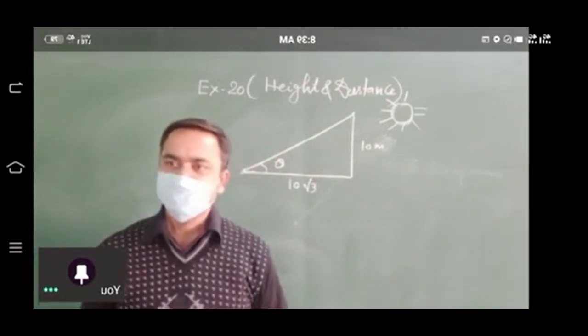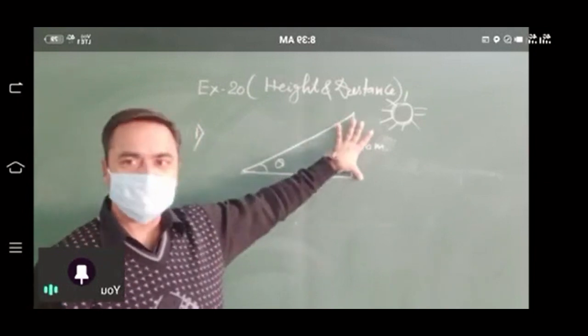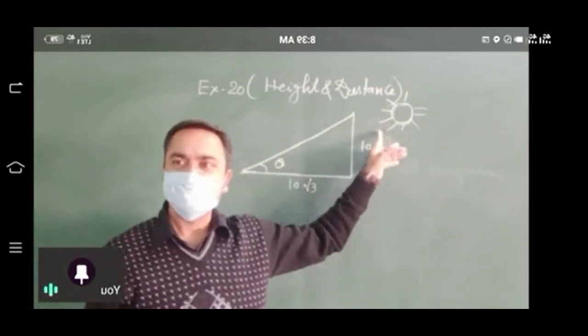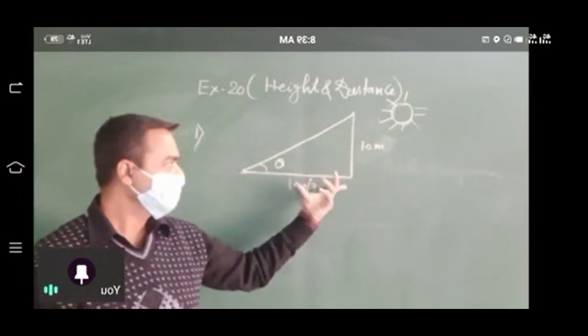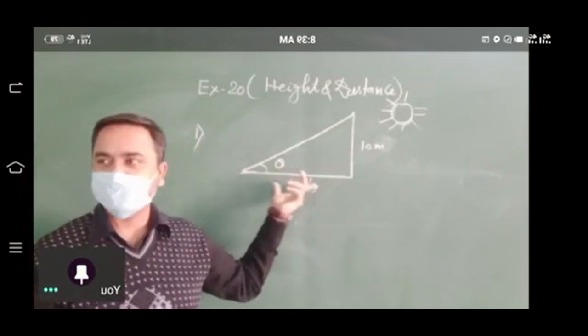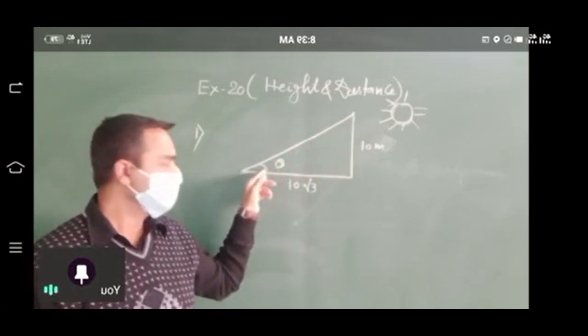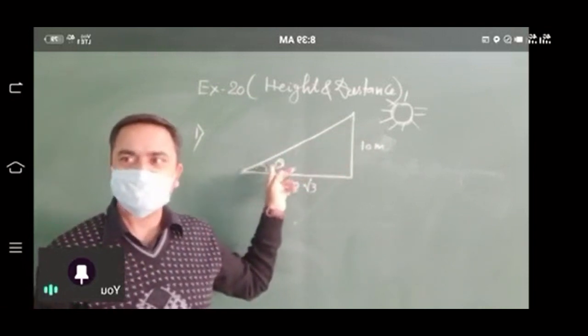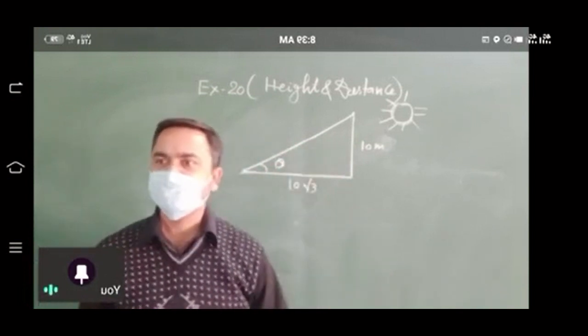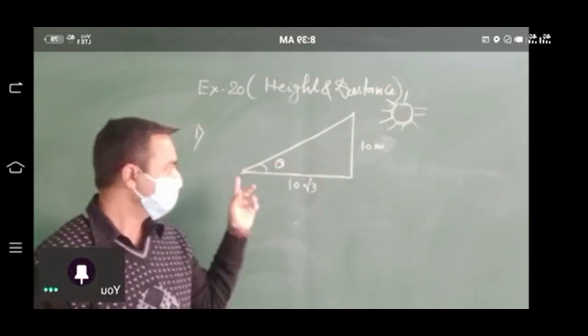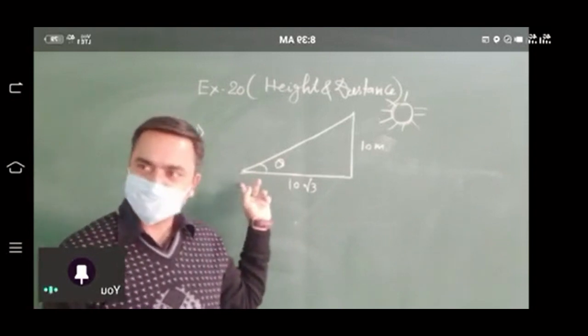Clear? This is the height of the pole, and if the sun is here, then the shadow will be cast, and the length of the shadow will be 10 under root 3. Then the question is, what is this angle, which is the angle of elevation of the sun, because you are observing the sun from this point. Okay?